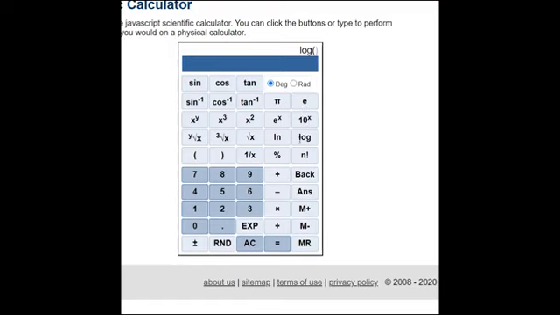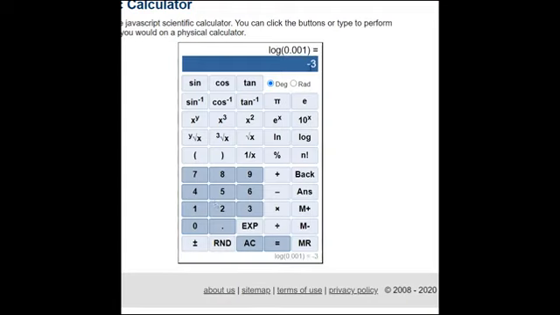So I'm going to do the log of 0.001, and then put it in parentheses and hit equals, and it tells me that it's -3. So then if I know that it is -3, I need the opposite, or the negative log of that. So the 2 negatives equals a positive, right? Or the opposite of -3 is equal to +3.